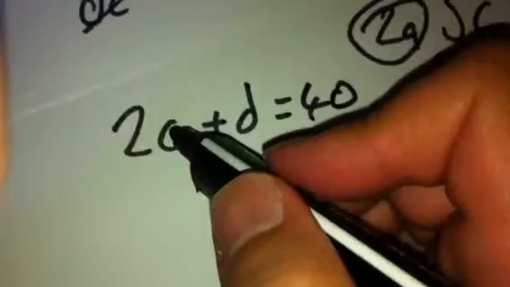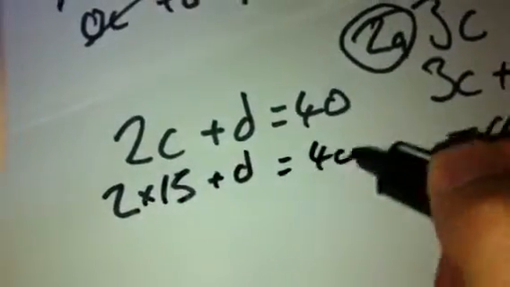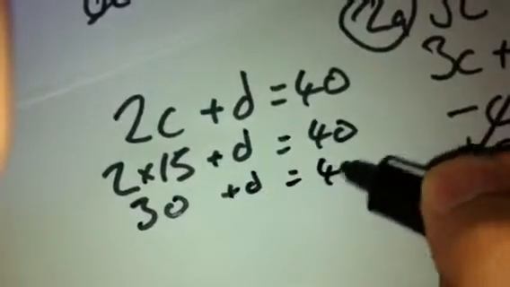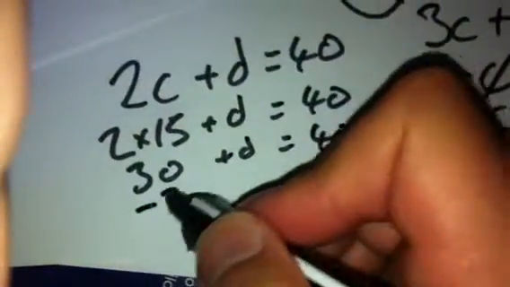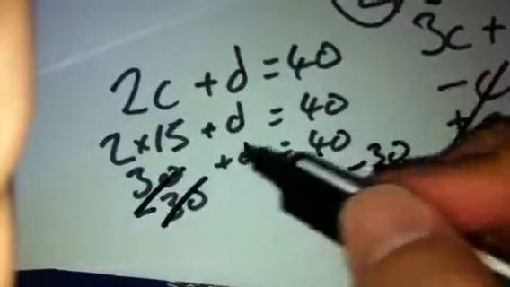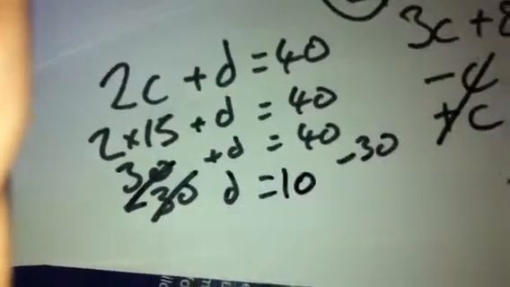Right, we know that C, or we think that C, is 15. So 2 times 15 plus D equals 40. 2 times 15? 30. Plus D equals 40. What are we going to do? Use algebra, take away 30 from that side, take away 30 from that side. That cancels that. D equals 40 minus 30, 10. Wow. So D equals 10, C equals 15.